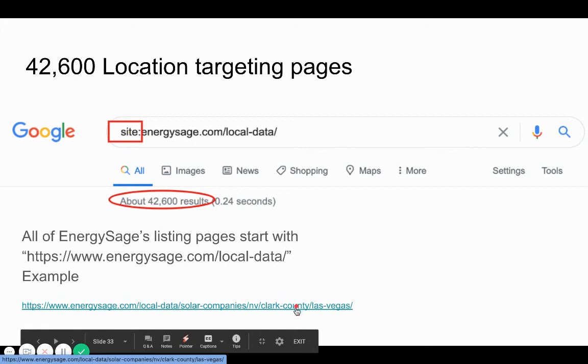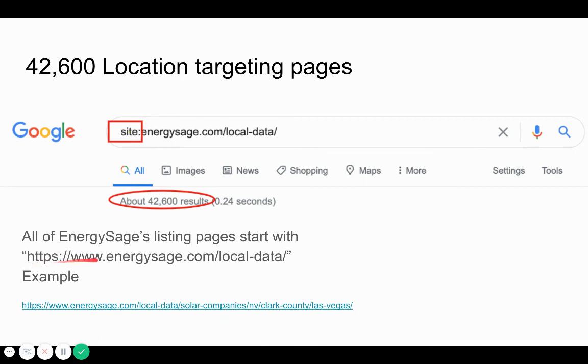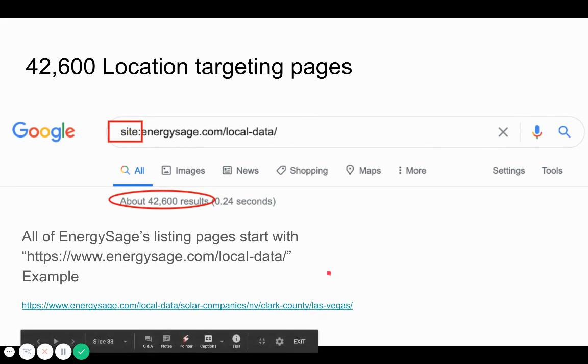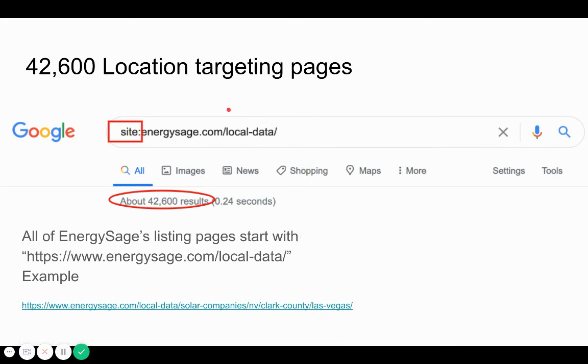So there are actually three types of local pages, but they all start with local data. When I put this type of command in Google, I find this many results. By structuring it this way, they rank well for local searches.